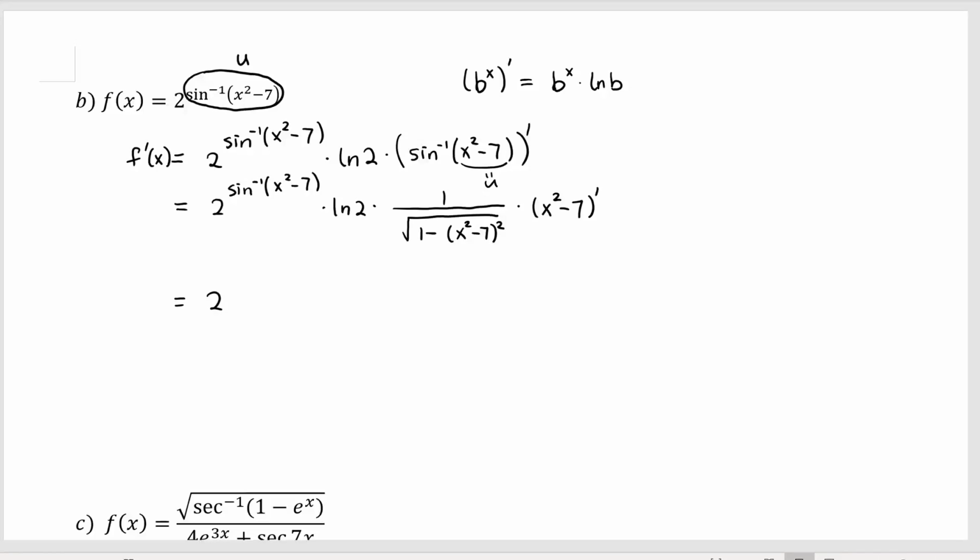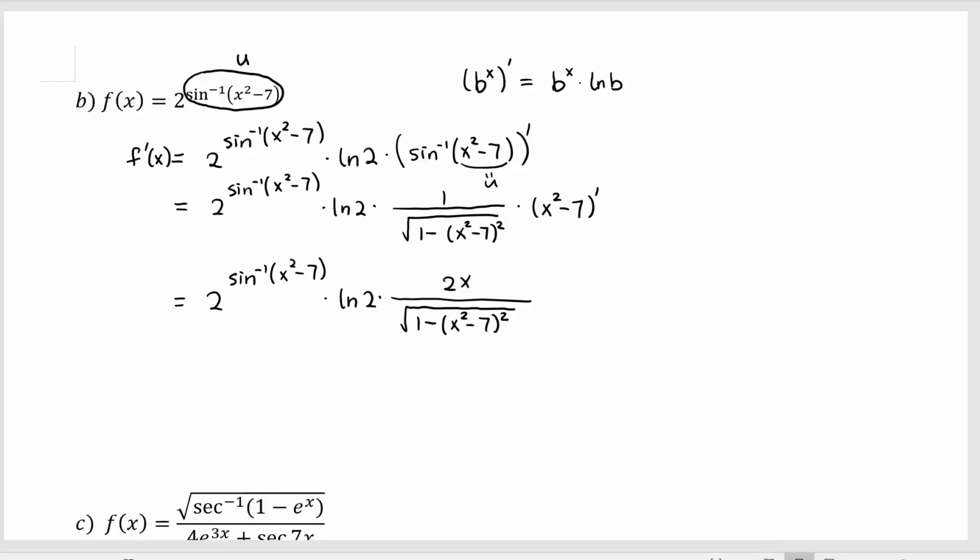Almost there, so we continue. Ln of 2. What is the derivative of x squared minus 7? Yes, that is 2x. And then we have the square root of 1 minus x squared minus 7 squared. Okay? Questions.